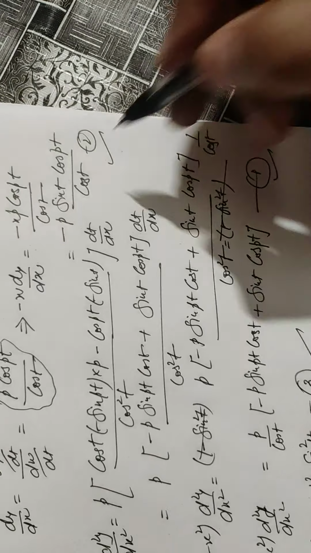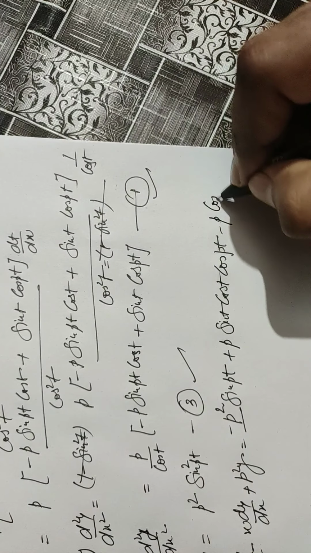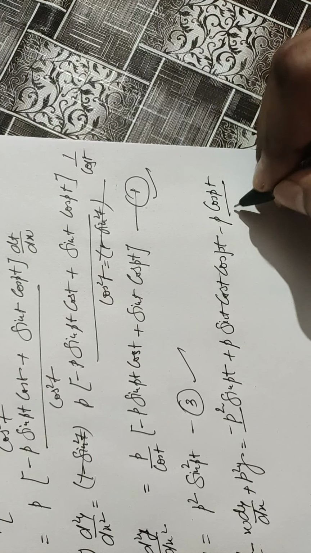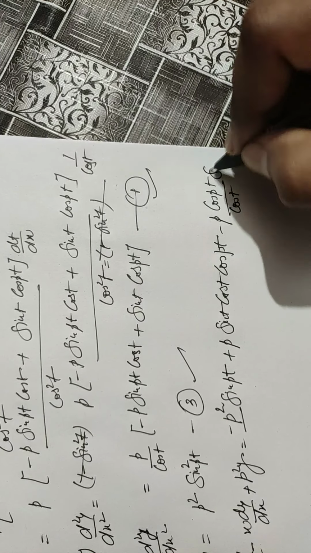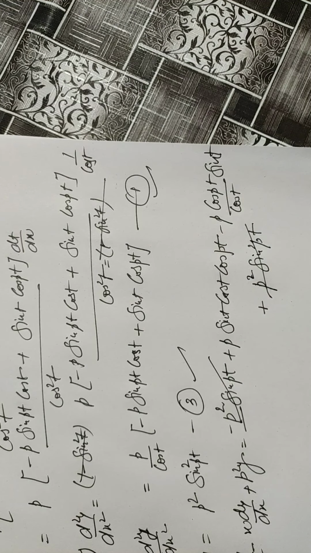Now the second value is up here, we are using it directly, so it becomes minus p cos pt cos t sin t, plus p square y, that is this one. If we see, these two terms are the same. If we simplify, we can get the answer here.